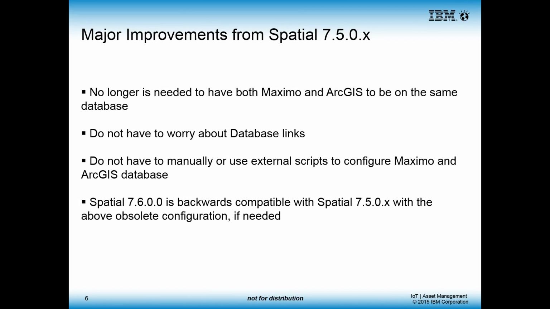All right, one of the big things I wanted to point out, for those of you familiar with Spatial 750, is that one of the biggest improvements is configuring ArcGIS and Maximo to communicate with each other and to perform a relationship between each other. I'm just going to read through the points here.